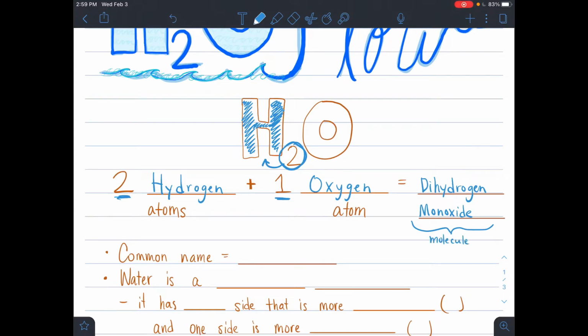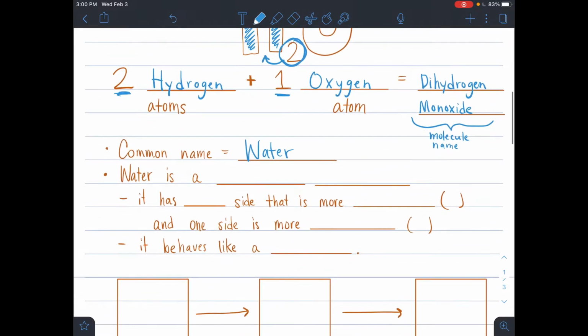Kind of like how CO2 is carbon dioxide because there's 2 oxygens there. The molecule name for water is dihydrogen monoxide, but the common name that we use for H2O is just simply water. So the common name is water, the molecule name is dihydrogen monoxide because there are 2 hydrogen atoms fused with 1 oxygen atom.